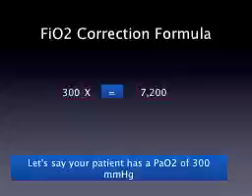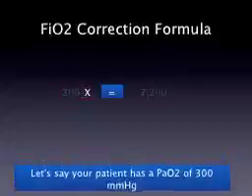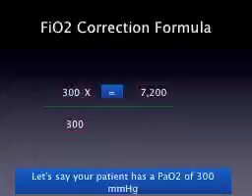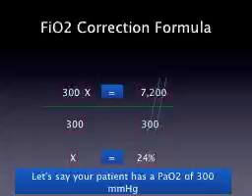What I do on the left, I have to do on the right, so I'll divide the right by 300 as well. 300 and 300 cancel out, which means X is all by itself. Then I simply divide the right side by 300. I can knock out the zeros, and 3 goes into 72 24 times. So my new FiO2 would be 24%.